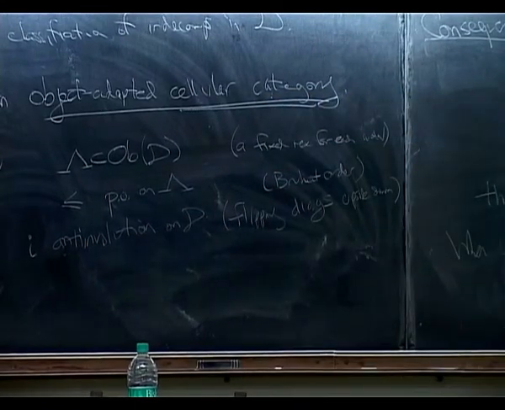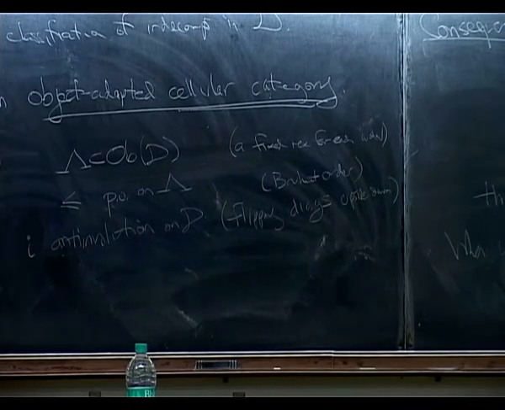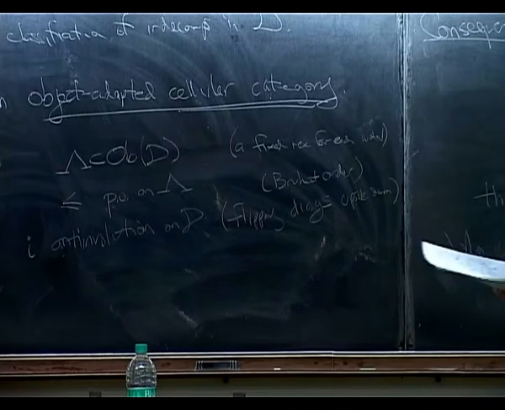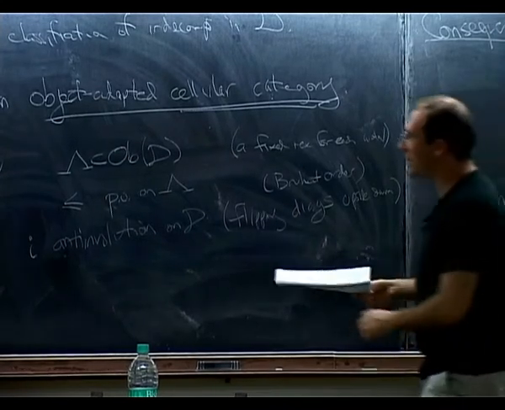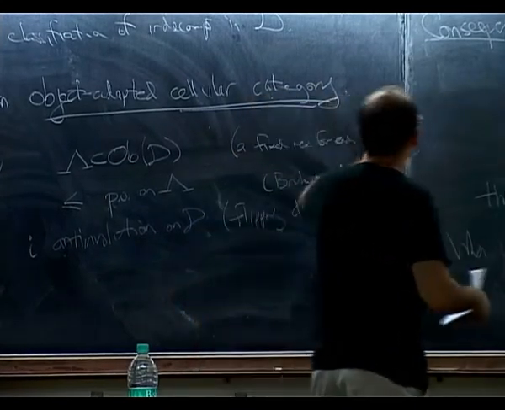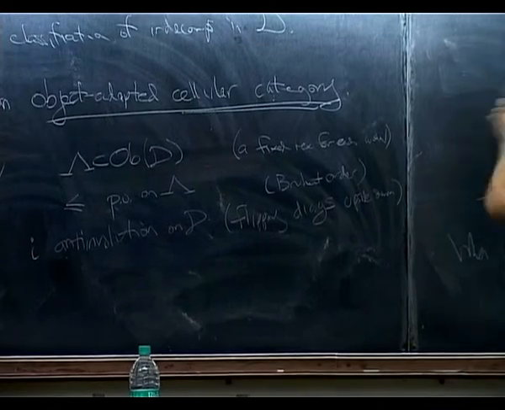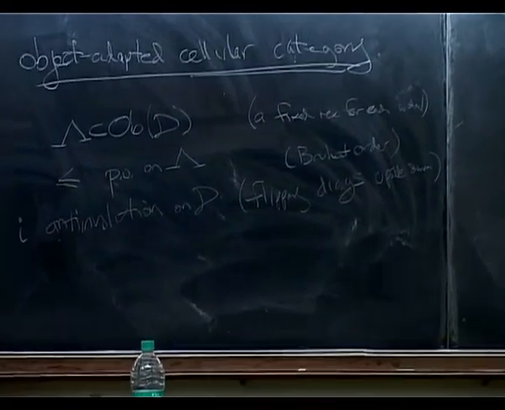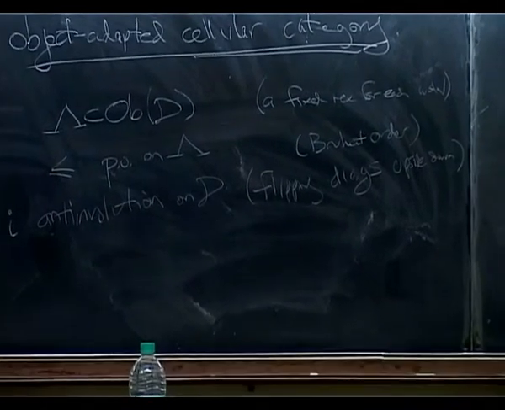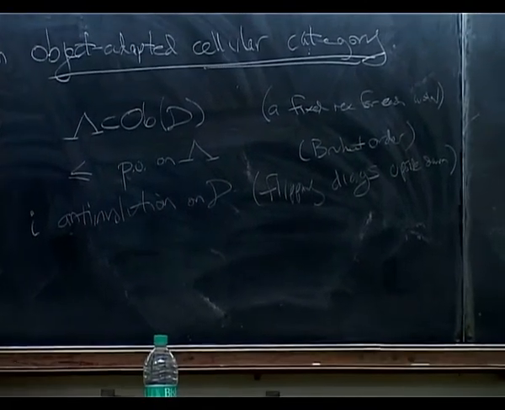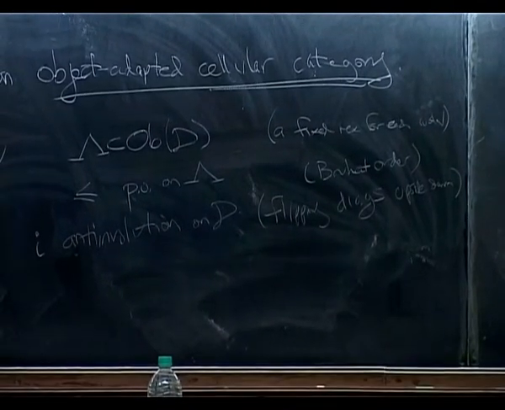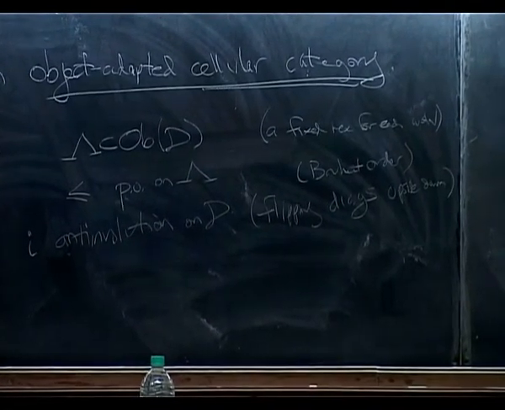Yes, it's a contravariant functor whose square is actually the identity, not just isomorphic to the identity. But it doesn't really matter. Isomorphic to the identity is good enough.